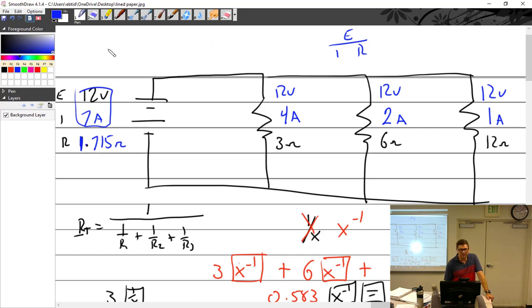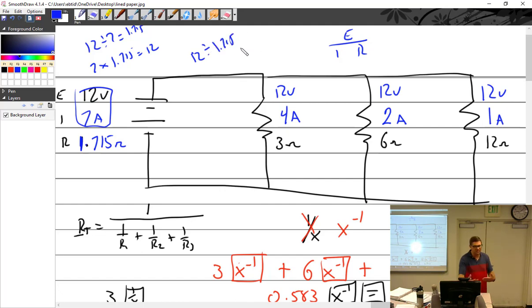So I could have done 12 divided by 7, or I could have put 7 times 1.715 equals 12, or what's my third option here? E, 12, divided by 1.715. I just wanted to do one of these things right here and make sure that the third thing worked out.